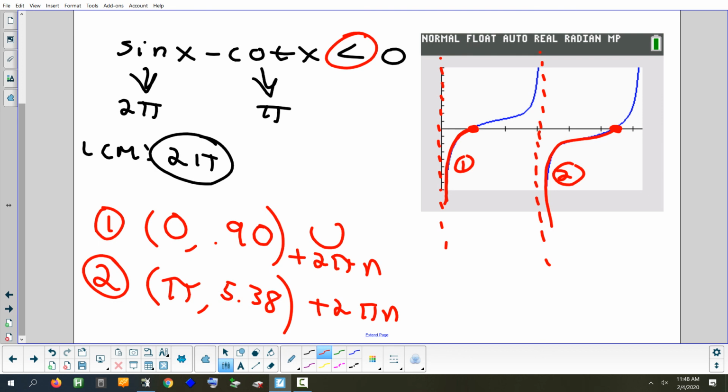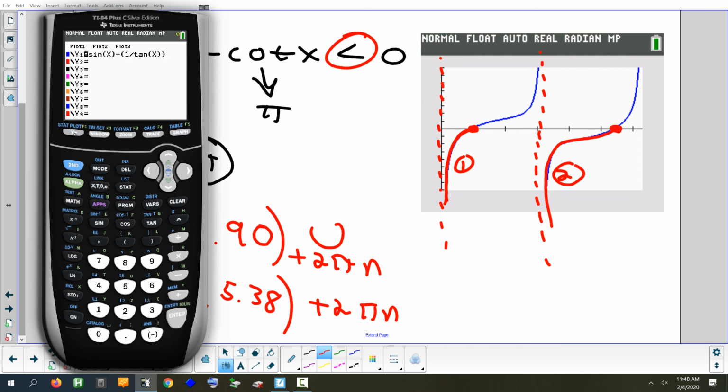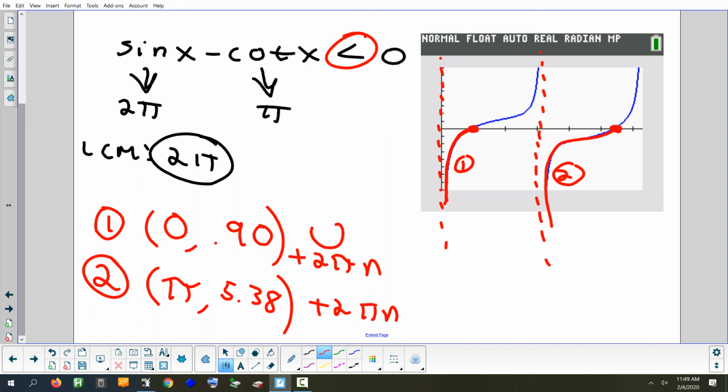Yep. Can you just go back to the screen where you put data? I was just curious that you put it over. Yep. So we did it as 1 over tangent. Not the only way to do it. You could do it another way too, but just press alpha F1 and then you put in a fraction.